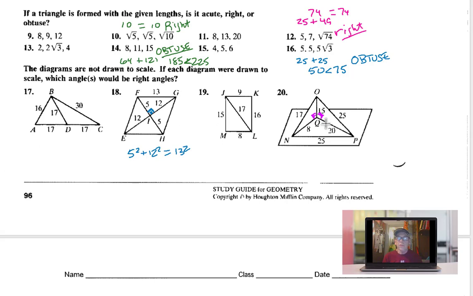So for this one, this angle NQO and this angle here, this angle PQO, are going to be the right angles. Over here we had angle FIG, angle GIH, angle EIH, and angle EIF. All were right.